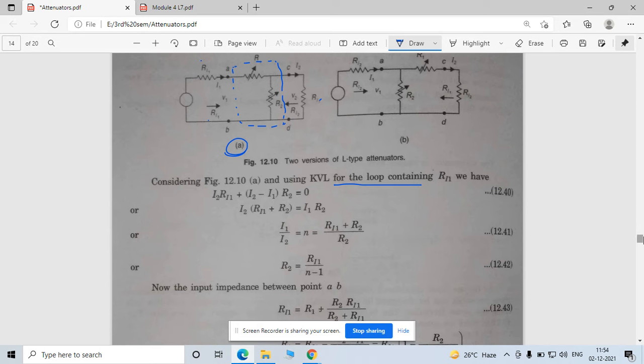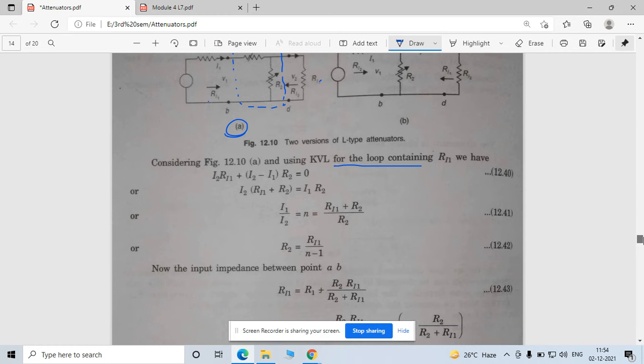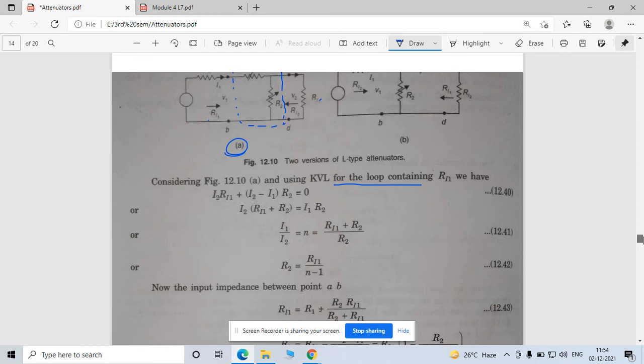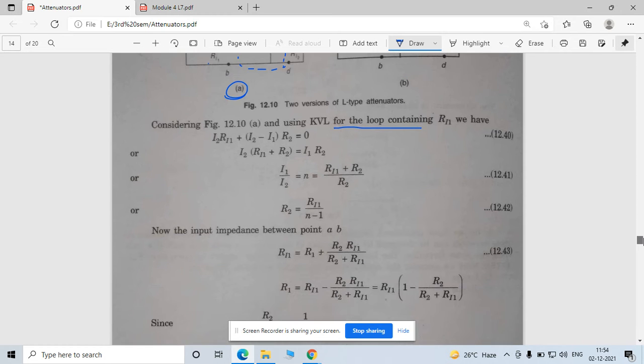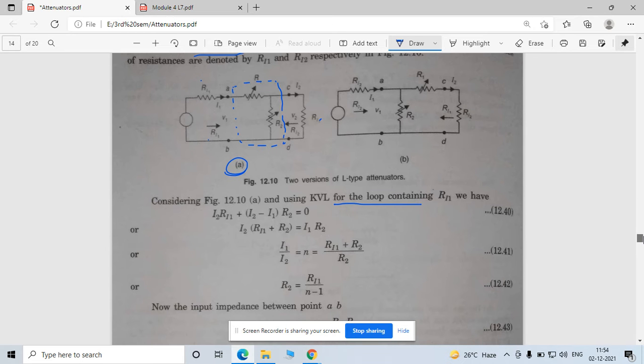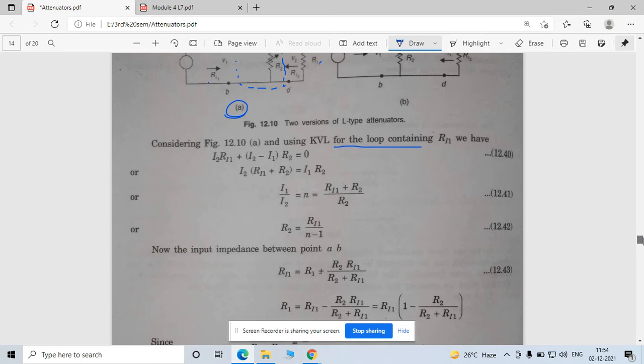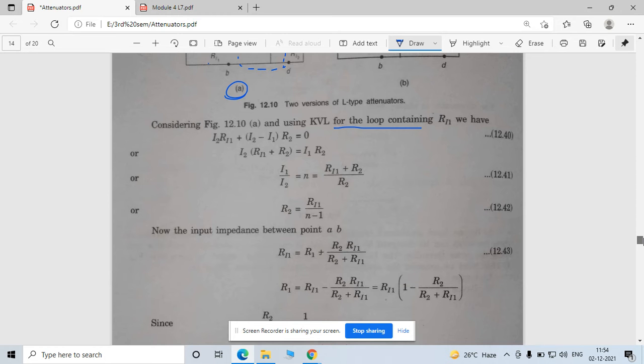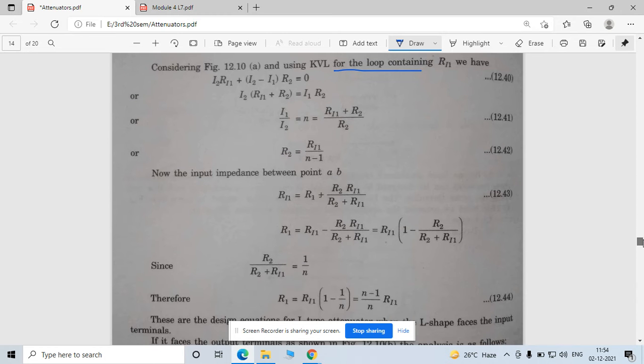Or you can also observe the second method which I discussed in the previous class, but that method gets very lengthy. So it is better to realize that network with the help of the bisection theorem, and realize that network as a lattice network, so you can easily get the value of this and other parameters.